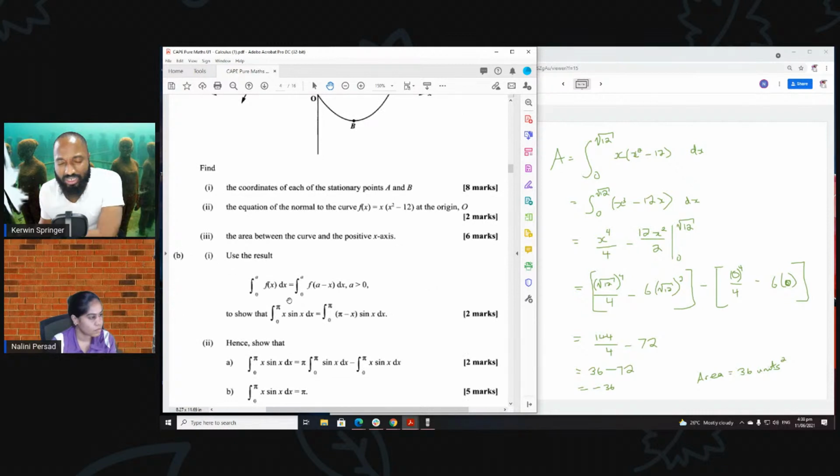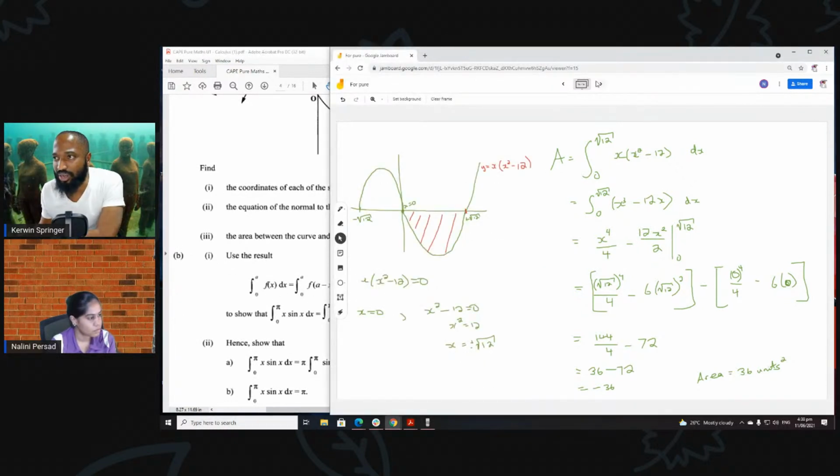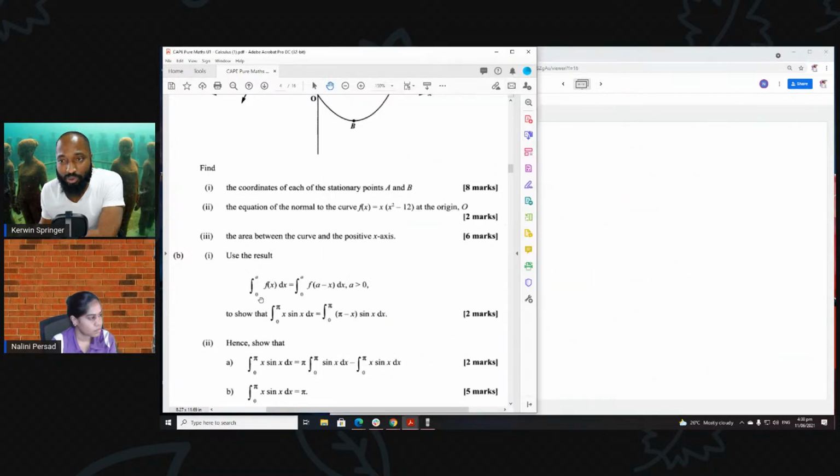So use the result. Now I did this question in a crash course already, but I forgot what I did. So let me see if I can remember. The integral of f of x between 0 to a is equal to that. To show that between 0 to pi, x sine x dx is equal to the integral from 0 to pi of pi minus x, sine x dx.